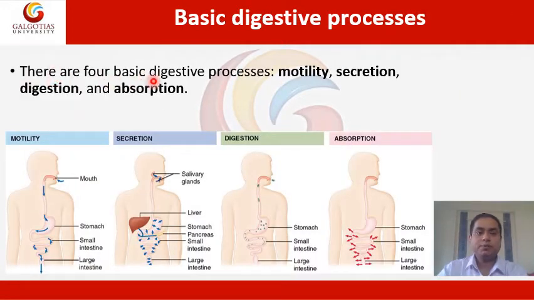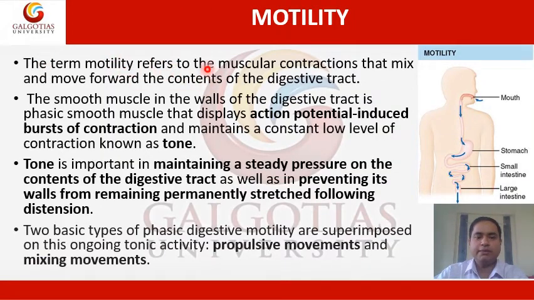So there are four basic digestive processes, that is motility, secretion, digestion and absorption. The term motility refers to the muscular contractions that mix and move forward the contents of the digestive tract.